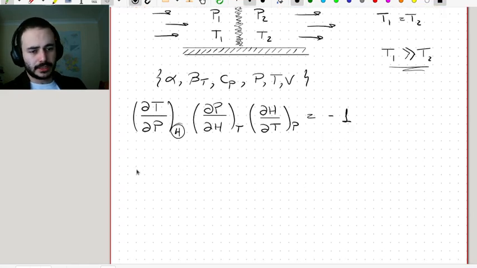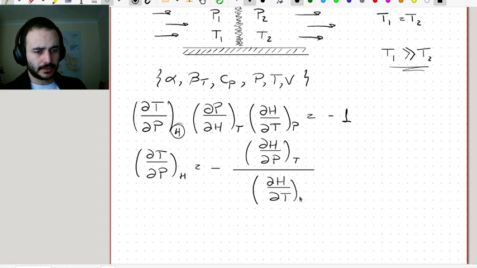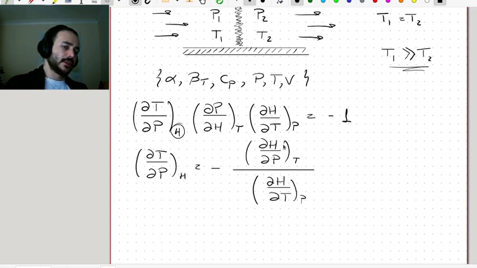But from this identity, what we can write is that the partial derivative of T with respect to P at constant H is minus, and here in the numerator I can write the partial derivative of H with respect to P at constant T, that's this guy to the -1, and then in the denominator I just put this one, just like that, partial derivative of H with respect to T at constant P. So you see that both here in the numerator and in the denominator, the enthalpy appears in the upper part of the partial derivative, which is what we always want, okay?